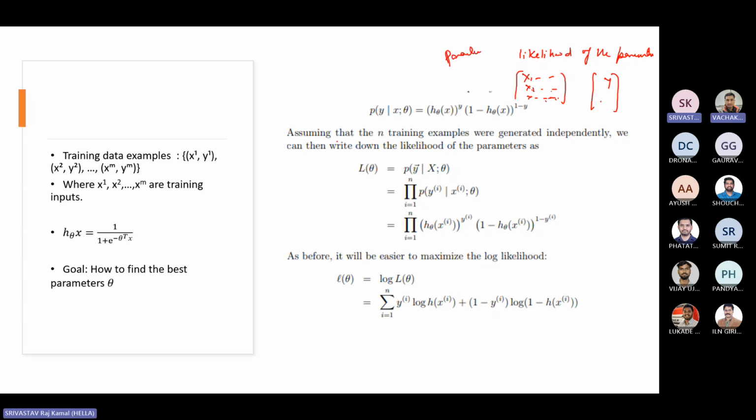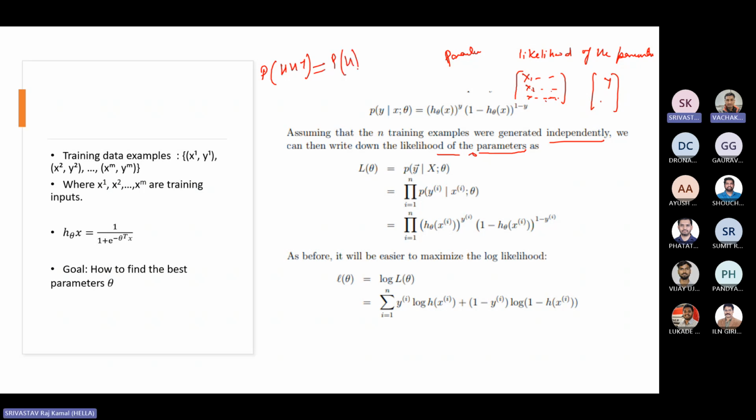Assuming the n training examples are generated independently, we can then write down the likelihood of the parameters. Likelihood is nothing but the chance that HHT comes together. What is the chance of that?